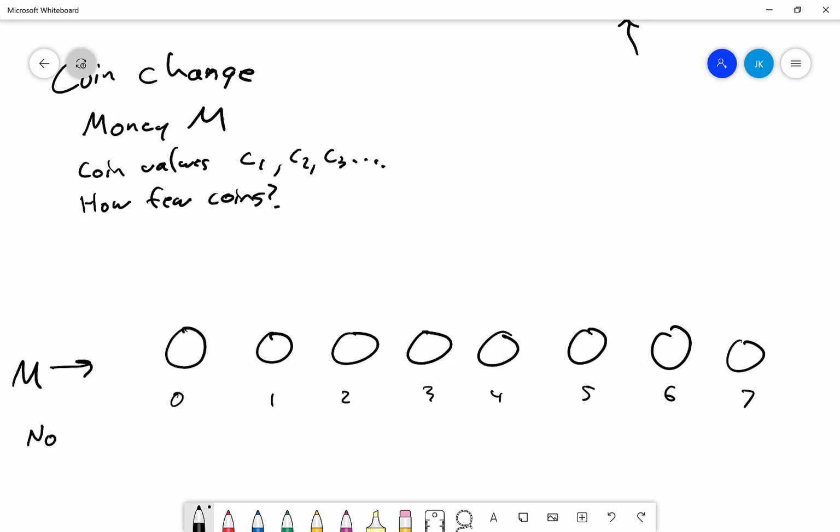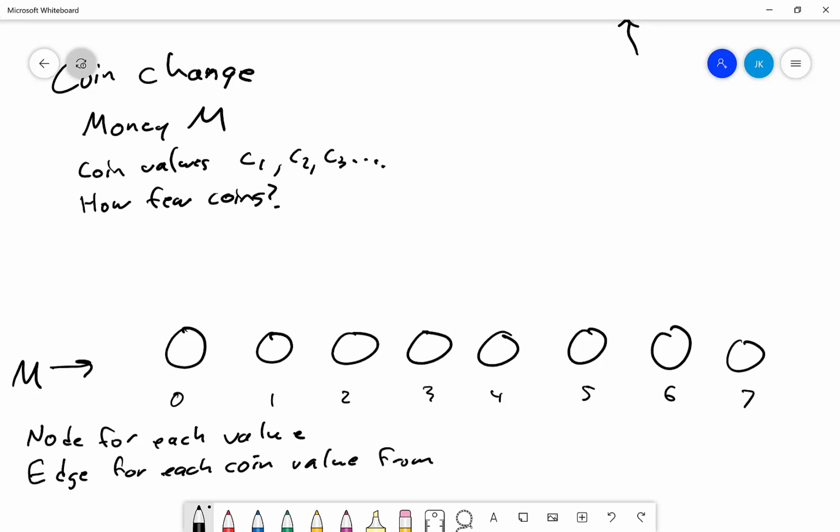So you create a node for each value. You create an edge for each coin value from each node. Okay, so say that the coins have values 1, 3, and 4 as an example.